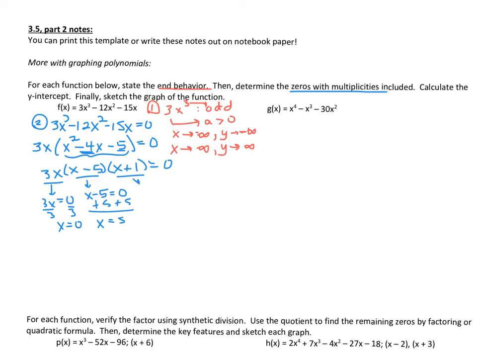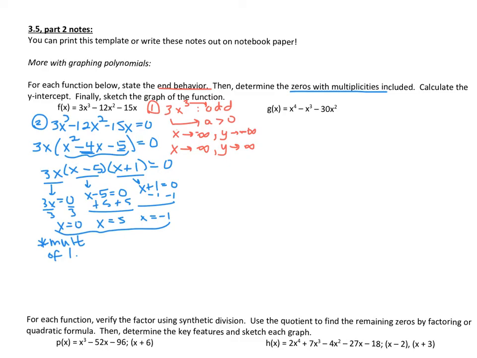If we set x plus 1 equal to 0, and we move 1 over, we get another unique x-intercept of negative 1. Notice all three of these didn't contain an exponent as their factor. There wasn't an x squared or an x cubed or an x to the fourth in each of those parts. That means all three of them have multiplicities of 1. And that's going to be useful for us when we graph.